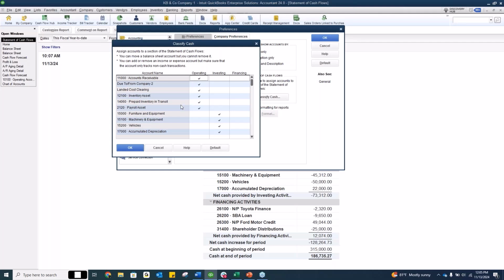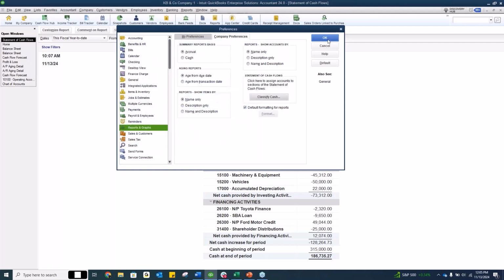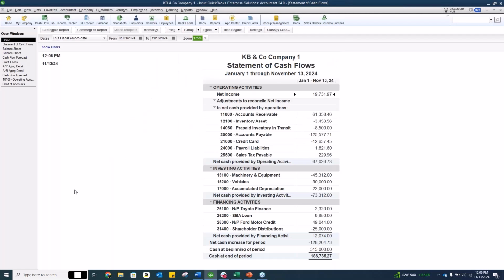If you needed to, for example, move an account from an operating activity to an investing activity, you can do that by changing the check marks in this section. However, if you are thinking that your statement of cash flows doesn't look right, I'd recommend a review of your chart of accounts and month-end close process as good first steps to improve that reporting.